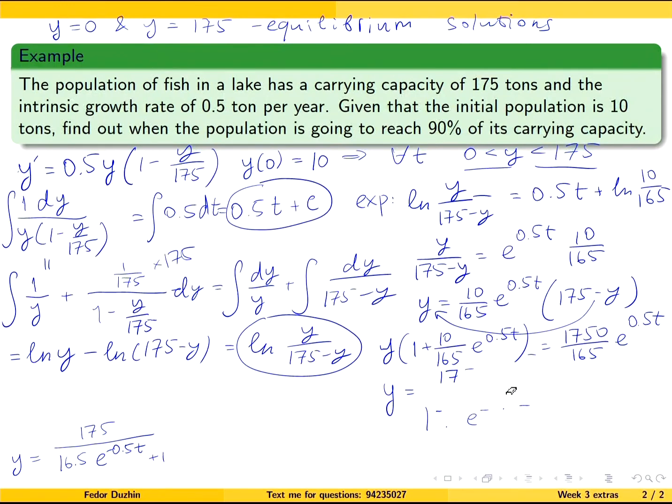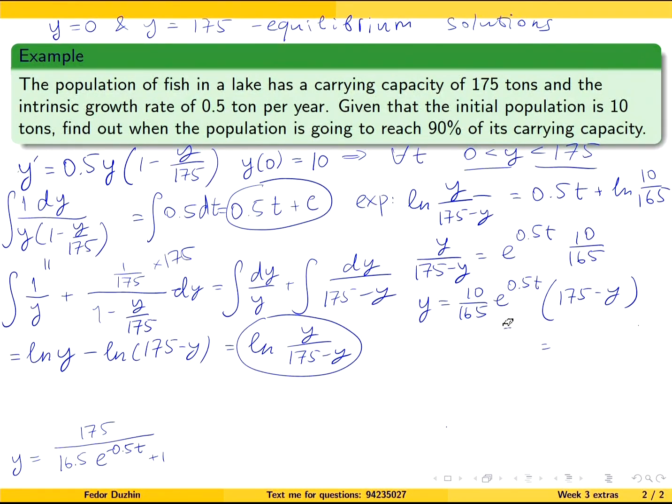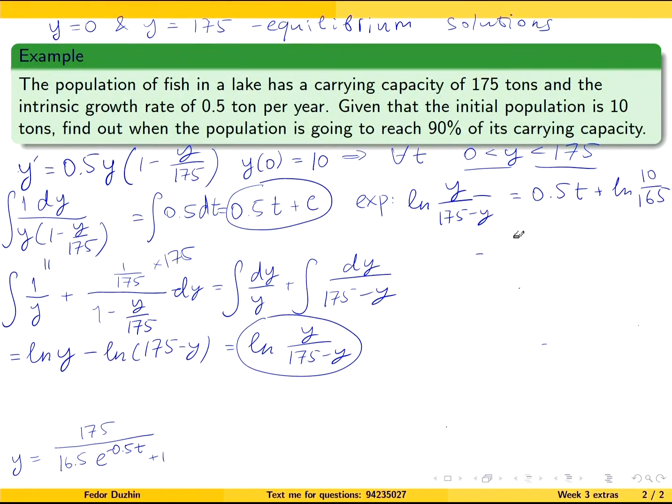Well, this is the solution of this particular initial value problem. But the question is kind of more than that, right? It's not just to solve the initial value problem, but also to find some further information about it. So we need to find when the population is going to reach 90% of its carrying capacity.